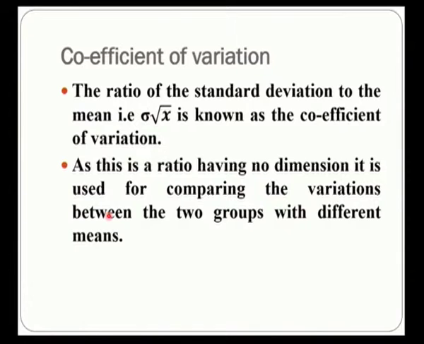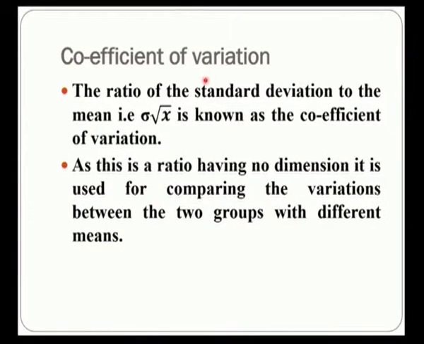The next thing is the coefficient of variation. You know, the square of standard deviation is variance. How can that variation be numerically compared? Using this coefficient of variation. The coefficient of variation is defined as a ratio of two terms, that is the ratio of standard deviation to the mean.